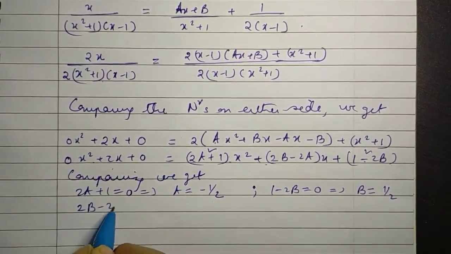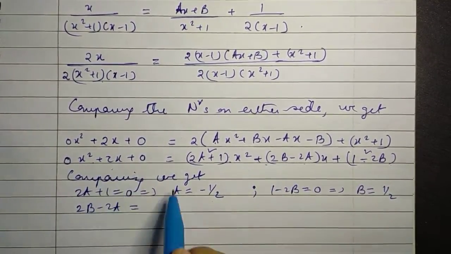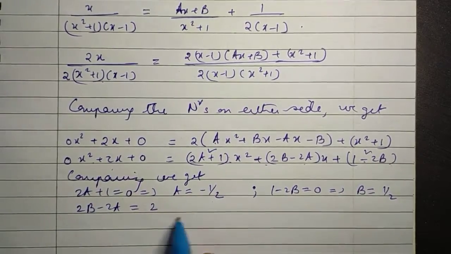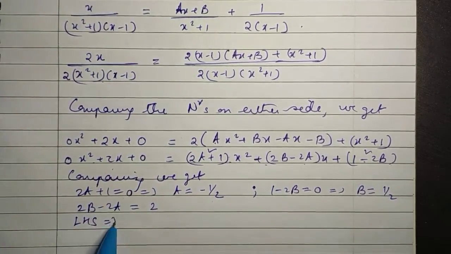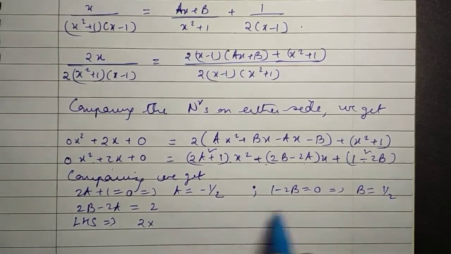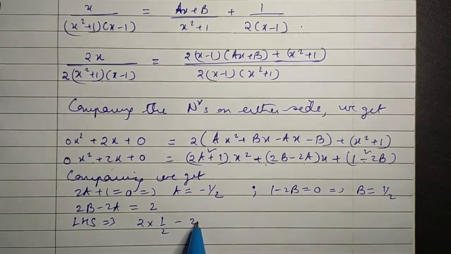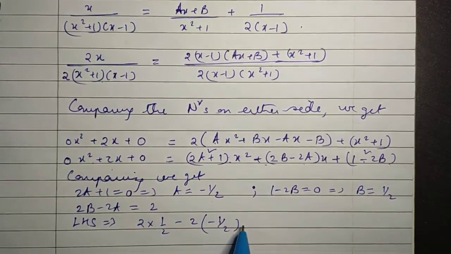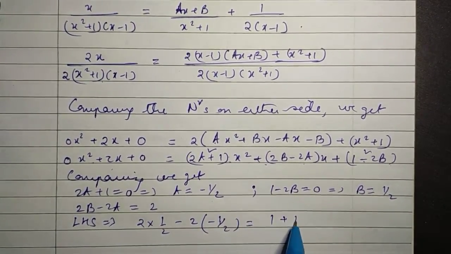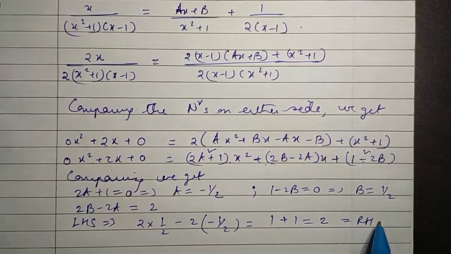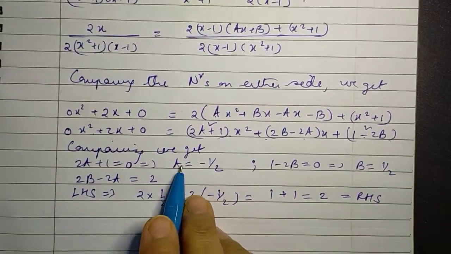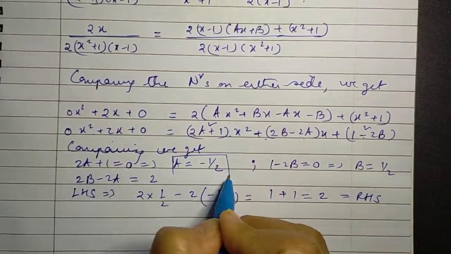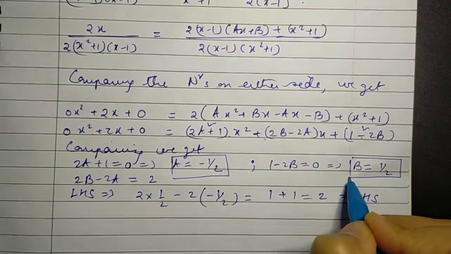We should have 2b minus 2a equal to 2. So let's verify. Left hand side, what do we get? 2 into b is half, minus 2 into a is minus half. It gets solved to 1 plus 1, which is 2, which is the right hand side. And so our solution for a and b is correct.